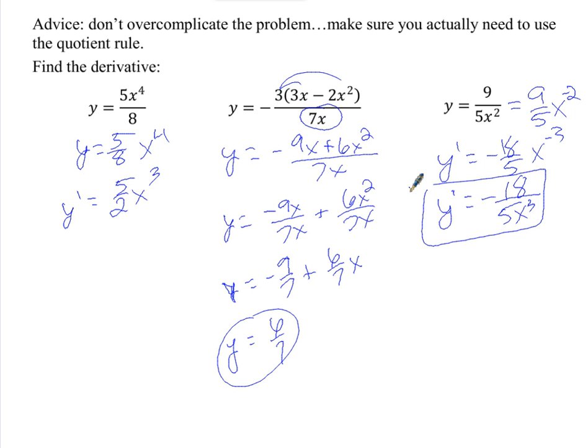Good. So in all three of these cases, we rewrote in order to make the problem appear simpler to us so that we could use not the product rule, or the quotient rule. Yeah, that's what I meant. Thanks.